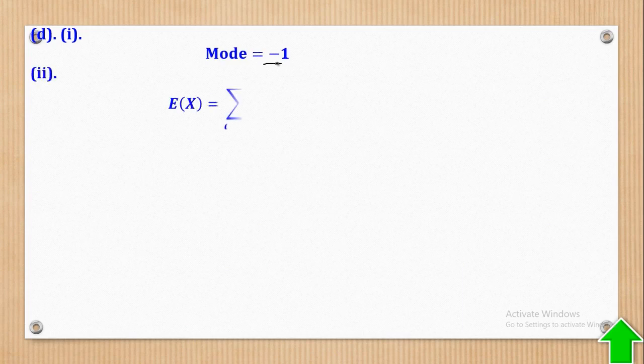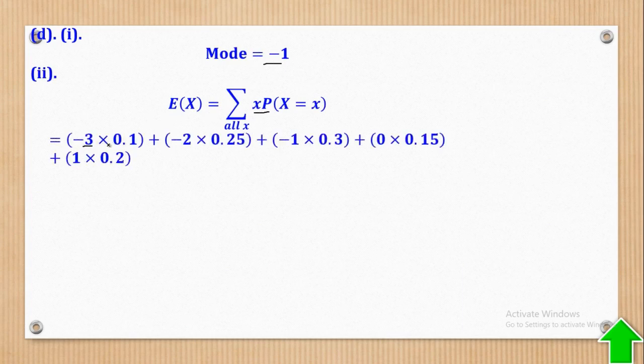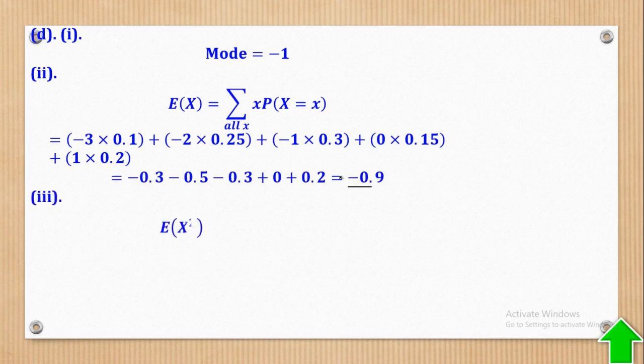Then the mean is equal to x multiplied by corresponding probabilities. So when I do that, for -3 probability was 0.1, -2 probability was 0.25, -1 probability was 0.3, 0 probability was 0.15, and 1 probability was 0.2. So when I simplify, I'll come up with that as my value of the mean. Then for variance, you have to first get EX squared.